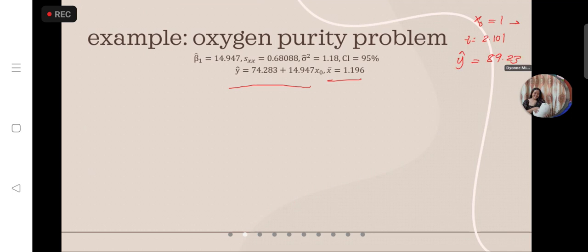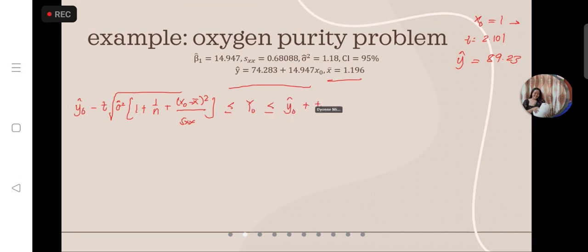So using our formula, again, our formula is y hat 0 minus t times the square root of the estimator of variance times 1 plus 1 over n plus x0 minus x bar squared over sxx, less than or equal to our value of y, less than or equal to y hat 0 plus t times the square root of the estimator of variance times 1 plus 1 over n plus x0 minus x bar squared over sxx.